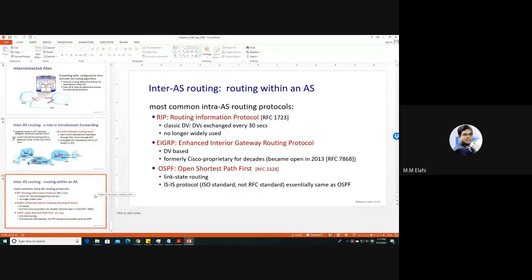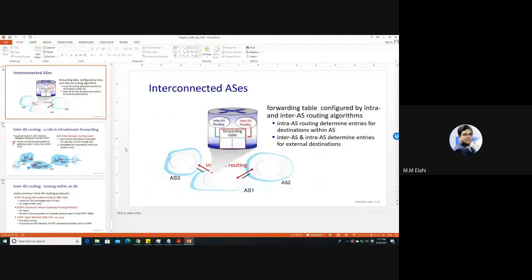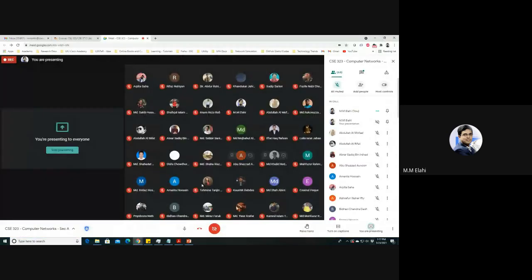In chapter 5, you have to go through intra-autonomous system and inter-autonomous system routing protocols, the idea, not any implementation issues. So that is the end of my lecture.